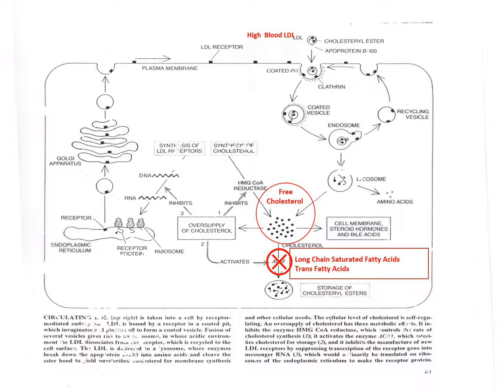And what it's going to affect is the ACAT pathway. So the result is that the free cholesterol will not be esterified into storage form. And so the free cholesterol will not be reduced. Therefore, you're going to have an oversupply of free cholesterol, and you're going to inhibit the pathway that makes LDL receptors. And actually, the LDL receptors will be taken away from the plasma membrane, and you will not take any more LDLs into the liver cell.